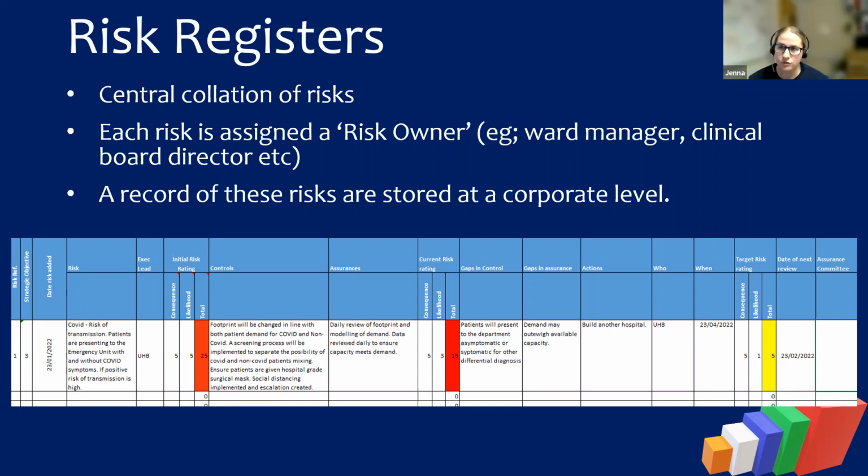Was it okay? Did you feel safe? But there is a gap in assurance there because I don't know what's going to happen in a couple of days' time, whether they will become symptomatic of COVID. So there is that gap in assurance.